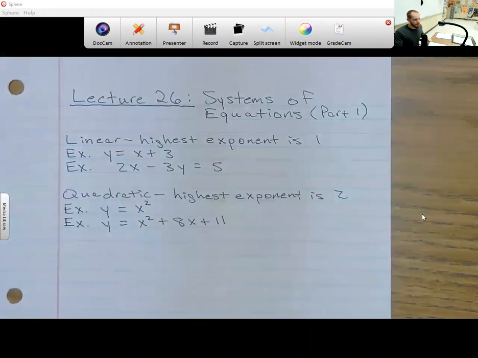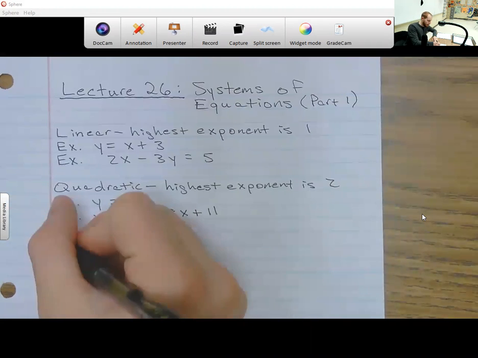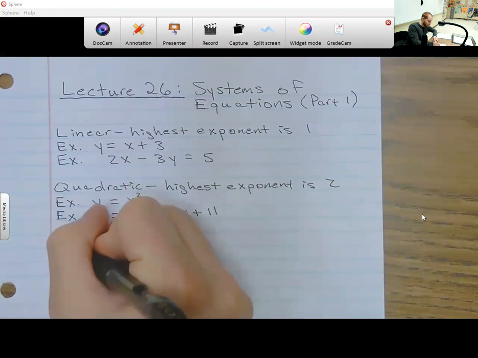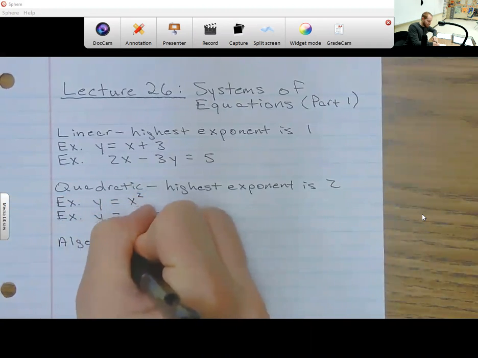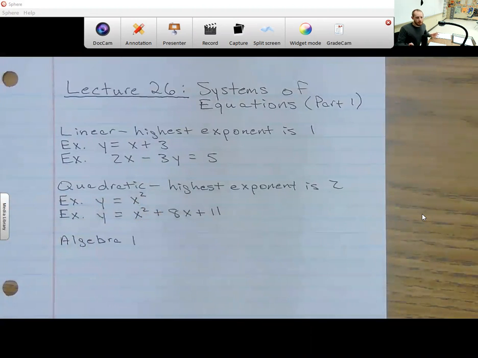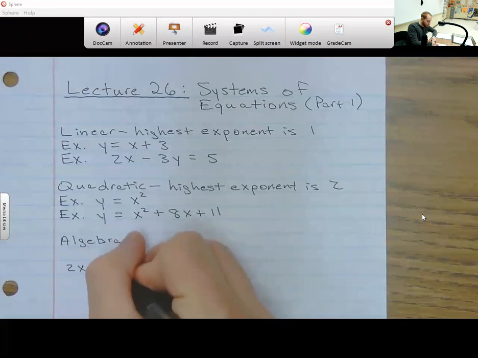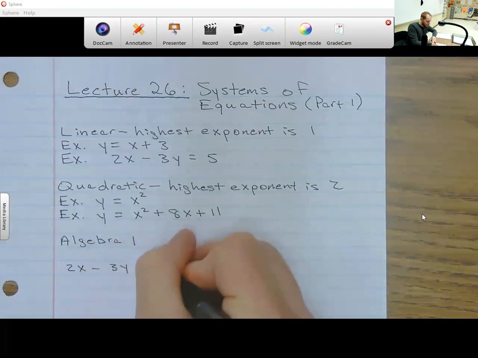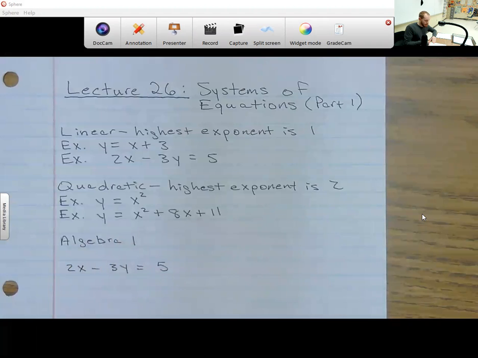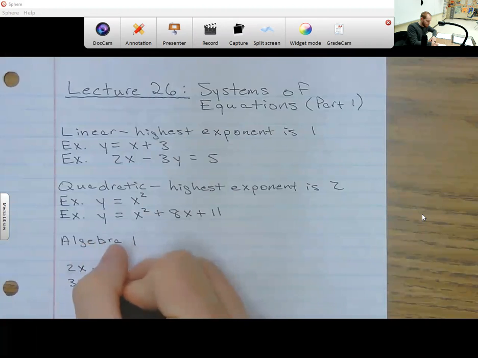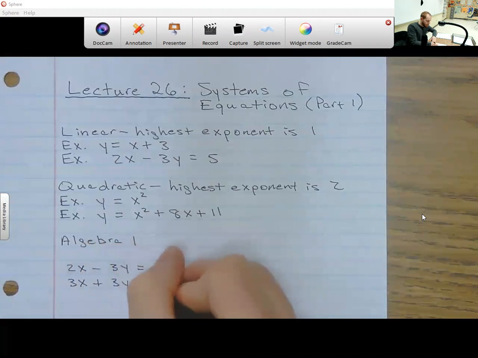Okay? So back in Algebra 1, back in the day, you did systems of equations that looked like this. Maybe you had 2x minus 3y equals 5, and then maybe you had another equation, let's say, 3x plus 3y equals 10.